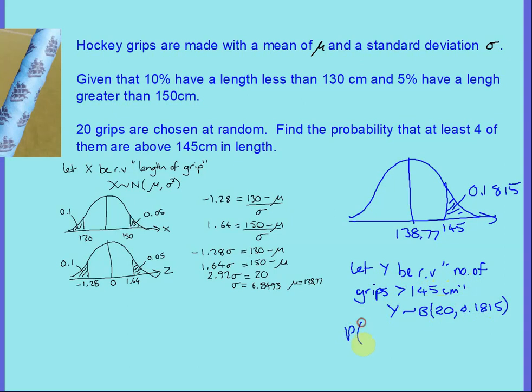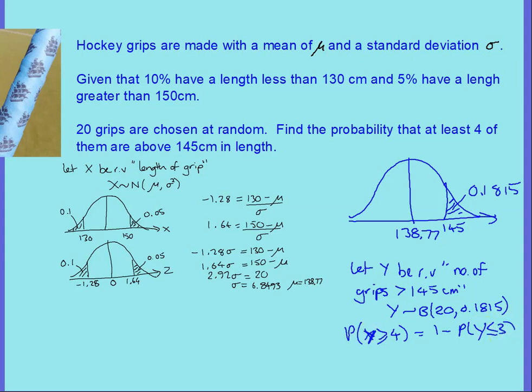The question is probability at least 4. So greater than or equal to 4. That means 4 or more. So that's the same as 1 minus, sorry, this is a y, my apologies, is less than or equal to 3.